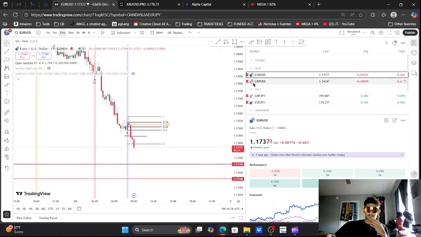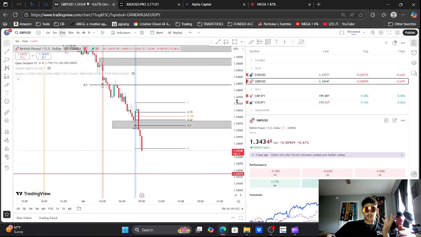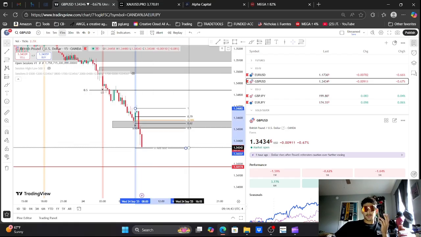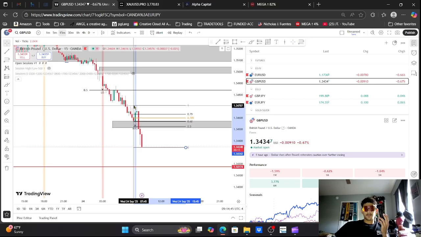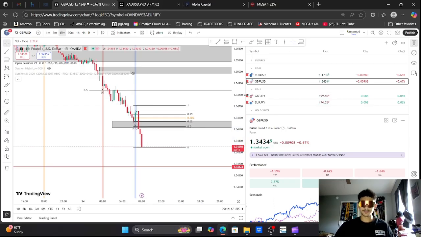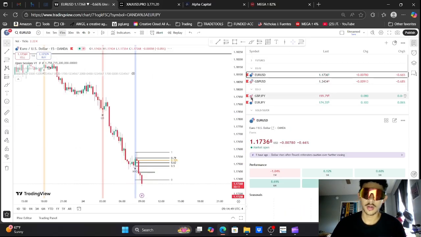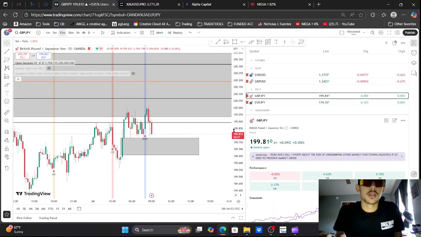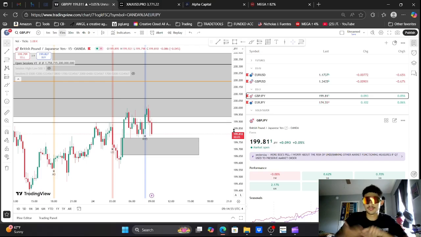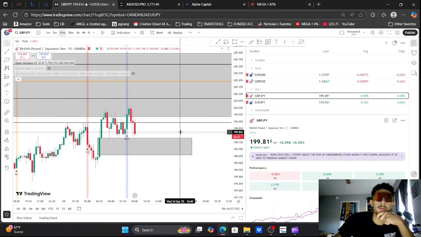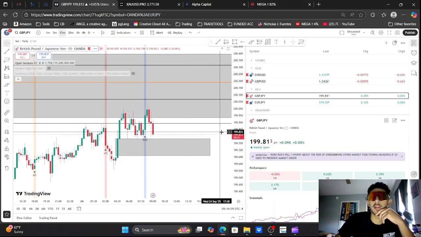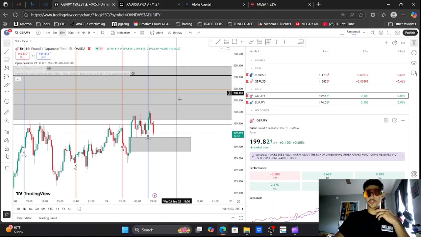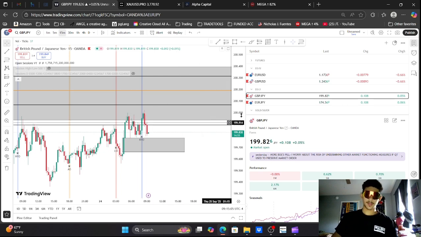EU, nothing. GU, nothing. GJ, maybe a retracement into this 15-minute imbalance so we can get that final push up that we need to get price into this.